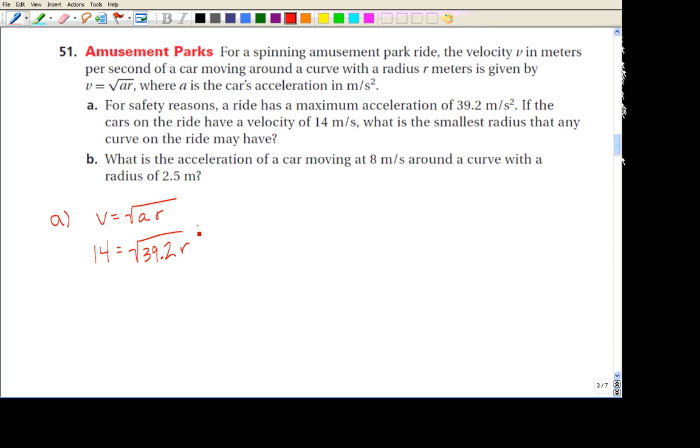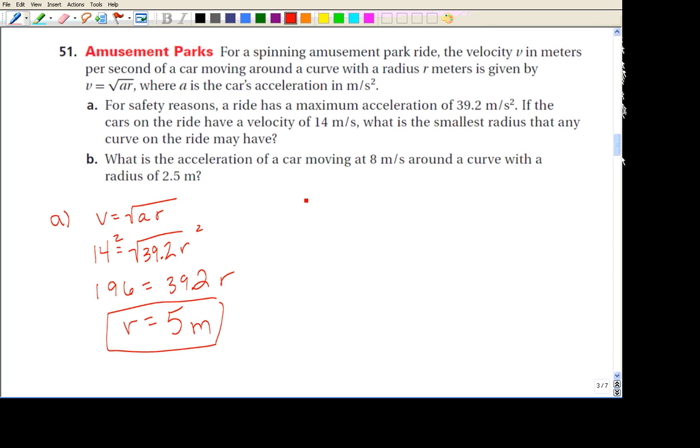To get rid of the square root, we'll square both sides. 14 squared is 196, so now we'll have 196 equals 39.2 times r, and then we'll divide both sides by 39.2, and we get r is about 5 meters. So 5 meters is the smallest radius that any curve on the ride may have.